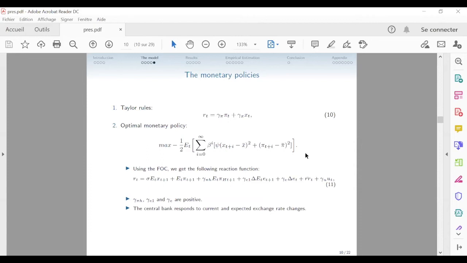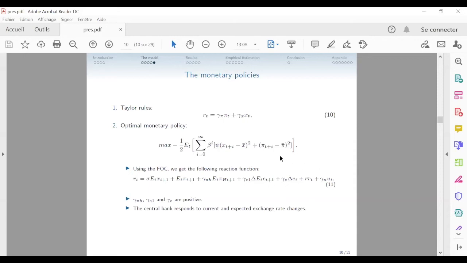Then you minimize this loss function under the output gap and domestic inflation constraints, and you get the following reaction function. Obviously, the central bank will increase the interest rate after an increase in expected output gap, expected inflation, and expected domestic inflation.